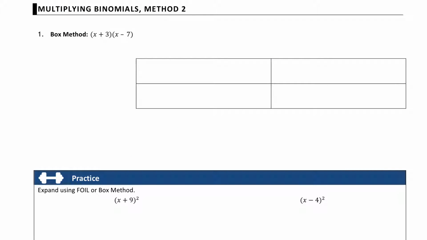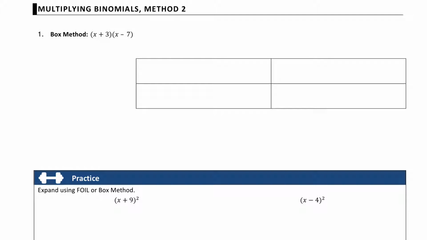Another way to multiply binomials is a method called the box method, and it's actually a really good way of doing it, and it is useful for many of the students to try out.